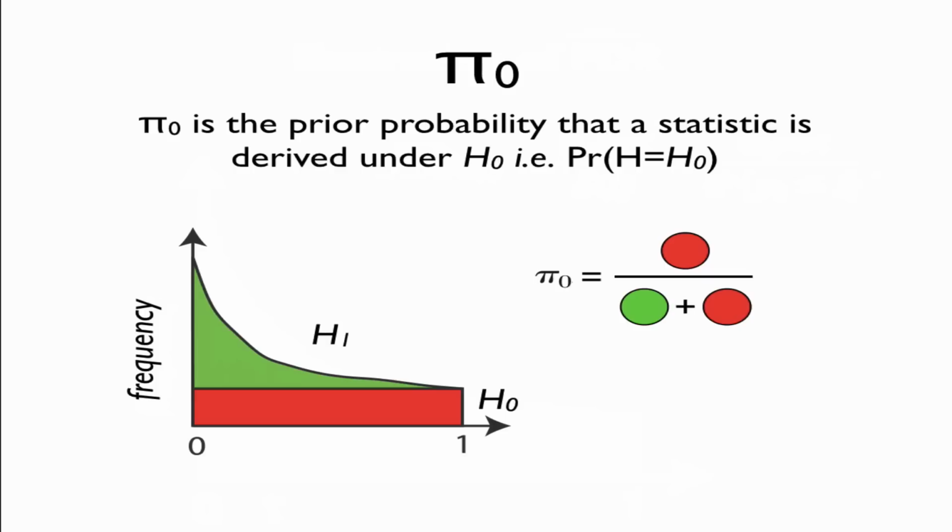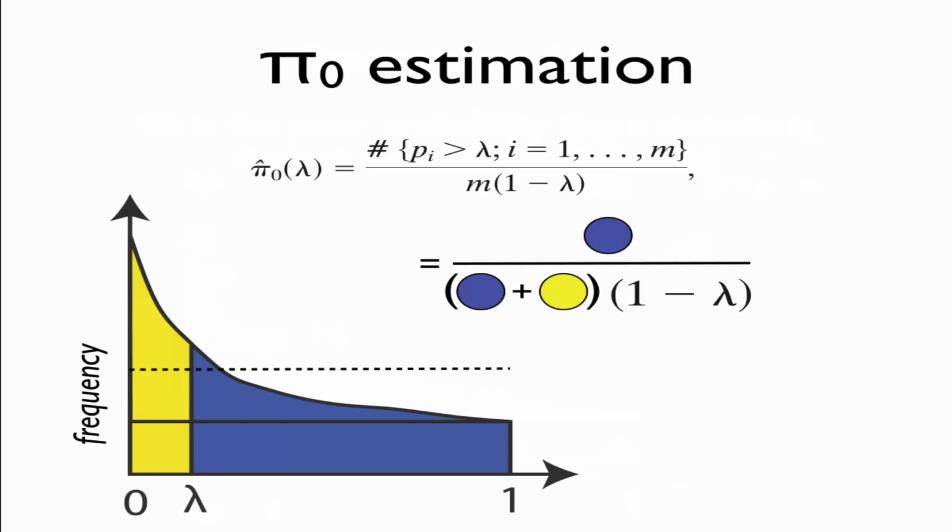So inside of the Storey and Tibshirani paper, they twist the problem a little bit, and they take more interest in calculating the number of p-values above a score threshold. They check the number of p-values above the threshold, and compare that to the total number of p-values times 1 minus this p-value threshold.